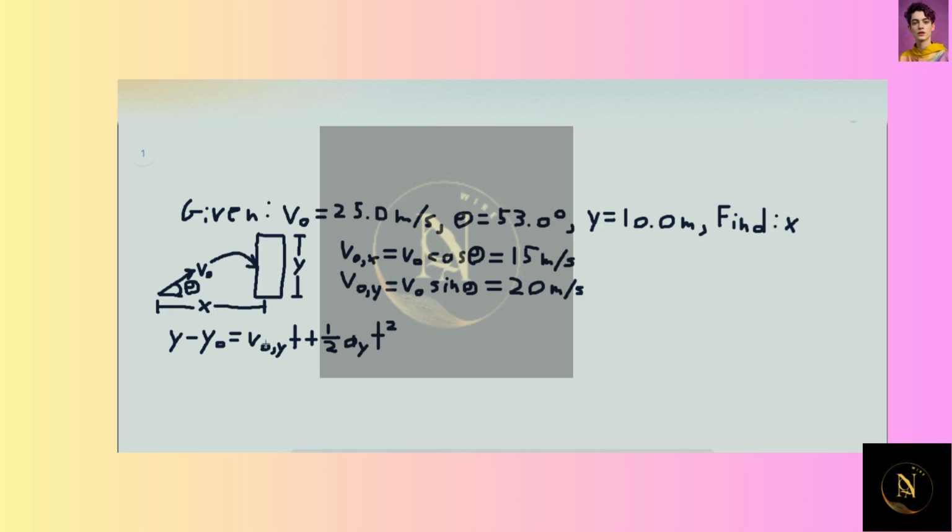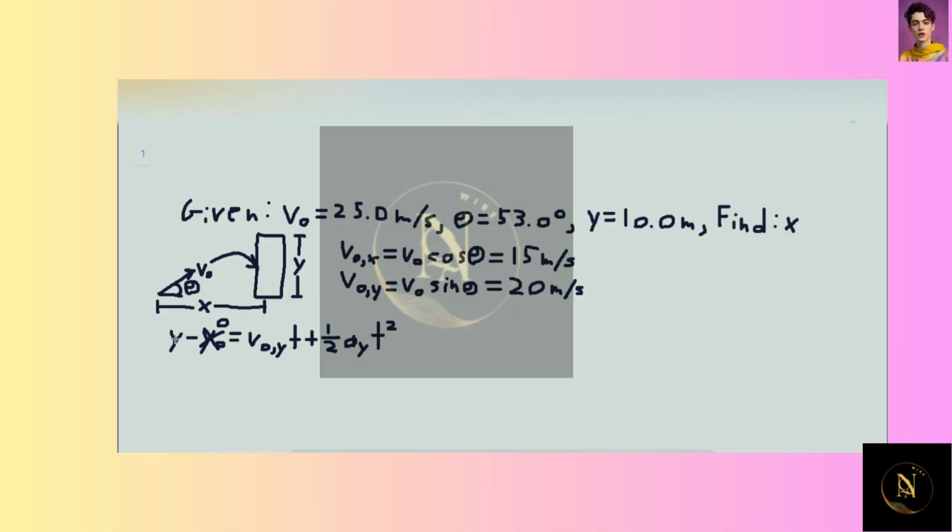Okay, so now what I can do is plug in the values for these. And I'm going to get a quadratic then. So let's plug in. We could assume y0 is the initial height, which can be 0. So we'll assume y0 is 0.